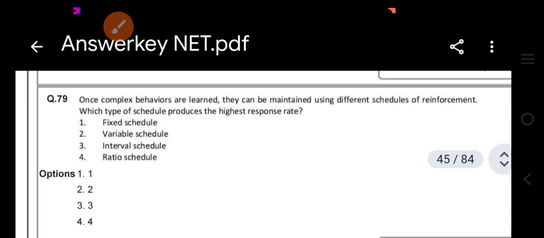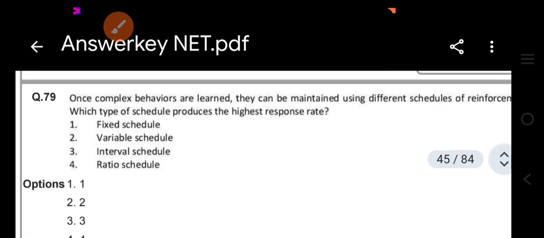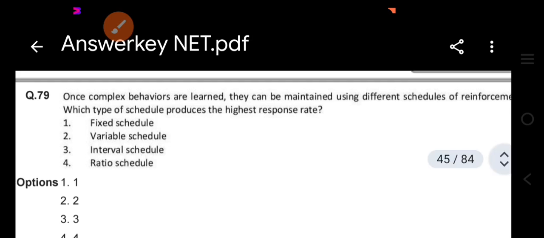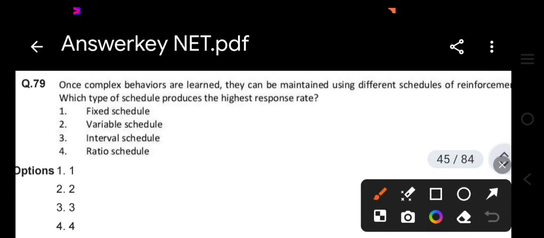Obviously, since the question asks about different schedules, a fixed schedule is not possible, a variable schedule is possible, an interval schedule is not possible, and a ratio schedule is also not possible. The most matching is maintained using different schedules, meaning variable schedules. You know that different schedules of reinforcement are there, so accordingly the variable schedule is the right answer.